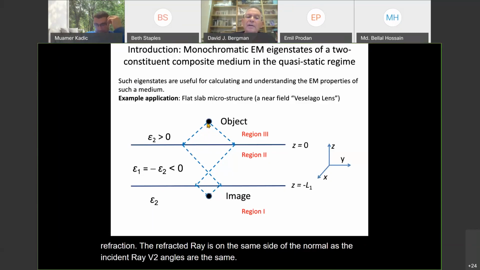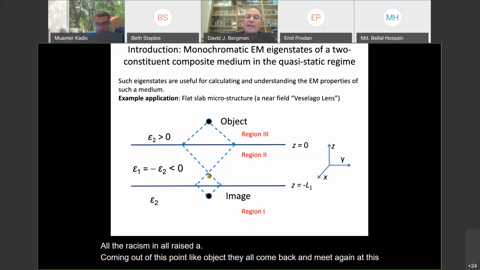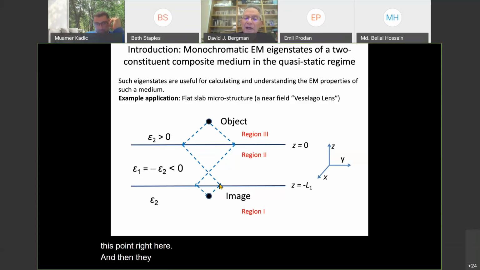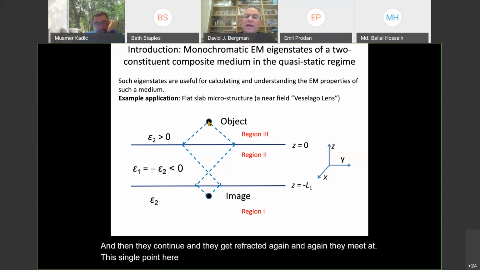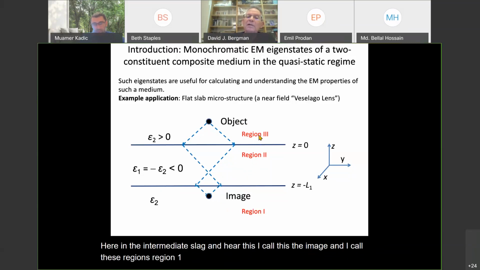So in fact, all rays coming out of this point-like object come back and meet again at this point right here. Then they continue and get refracted again, and again they meet at this single point here. So in fact, there are three focus points: where the object is, here in the intermediate slab, and here I call this the image. I call these regions: region 1 is where the image will be, region 3 is where the object will be, and region 2 is this intermediate slab.